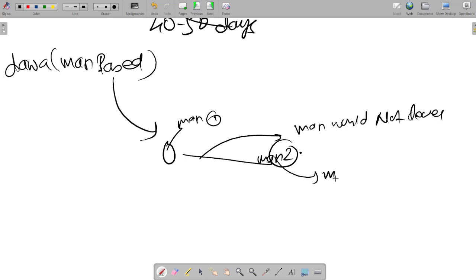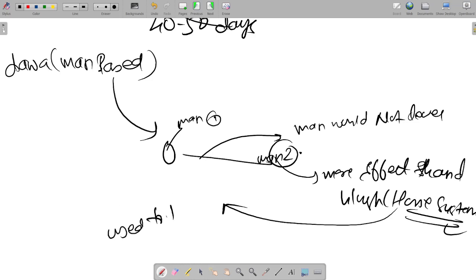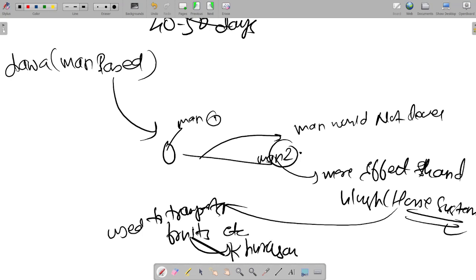And this was a more efficient system than the ulug system, that is the horse system. This system was often used to transport fruits, etc. from Khurasan province, which were famous and demanded in India.